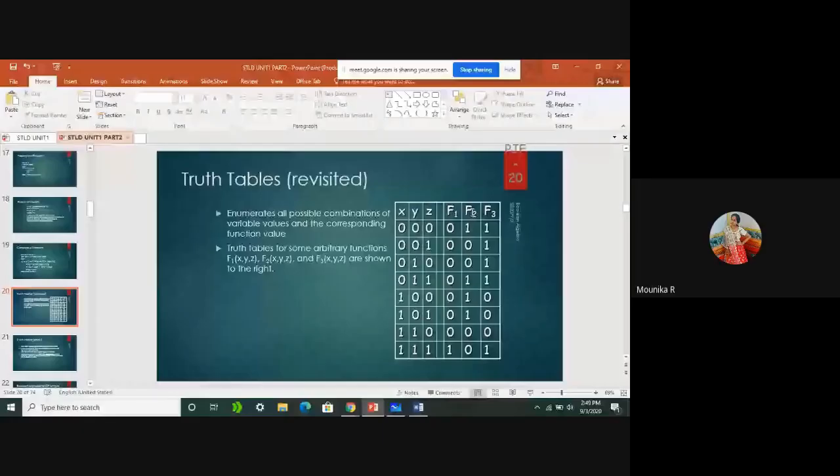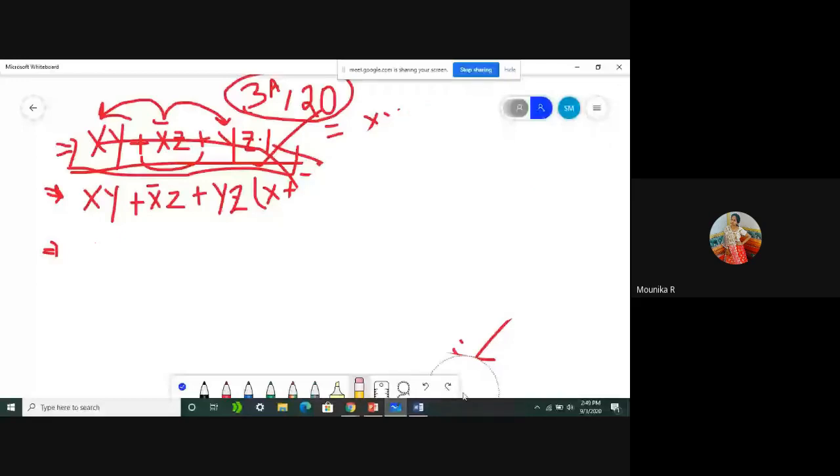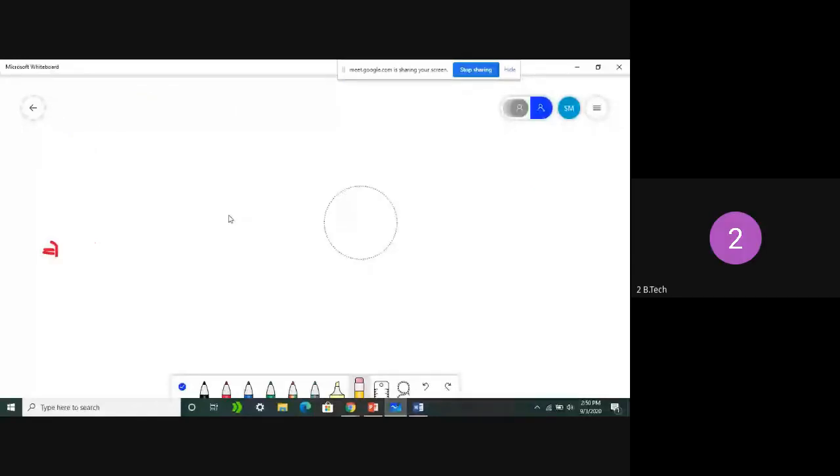See here, F1 is simply F1 equals xyz. Will you agree?